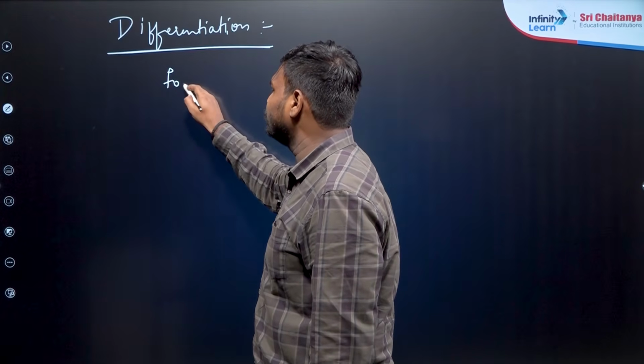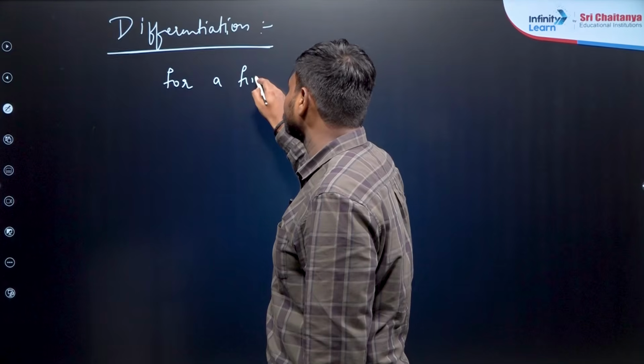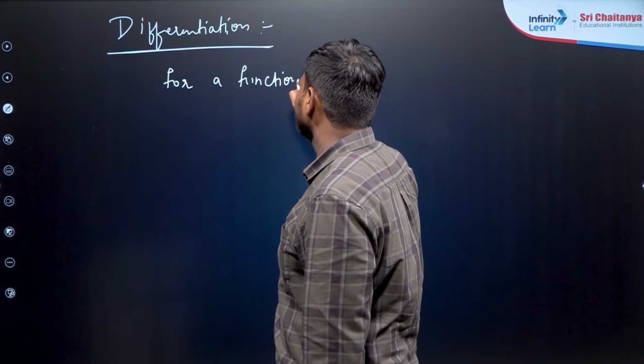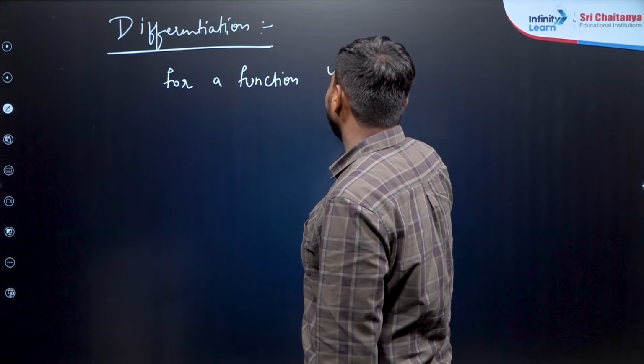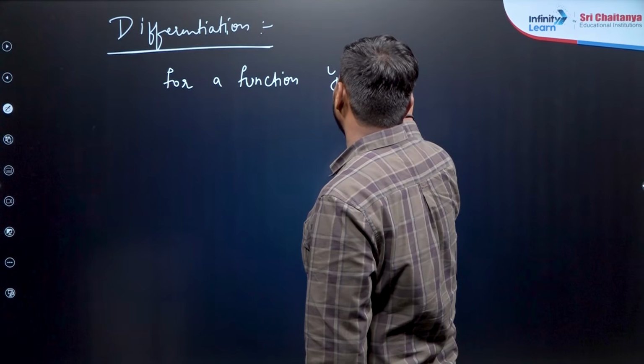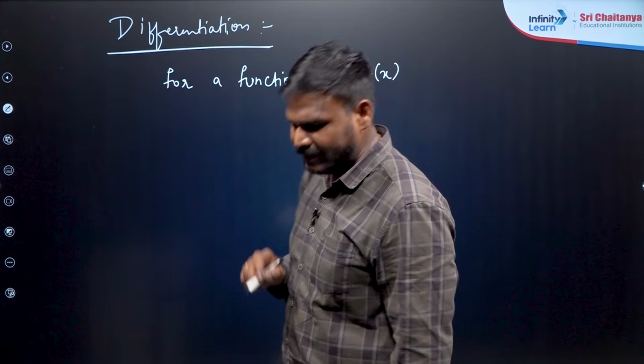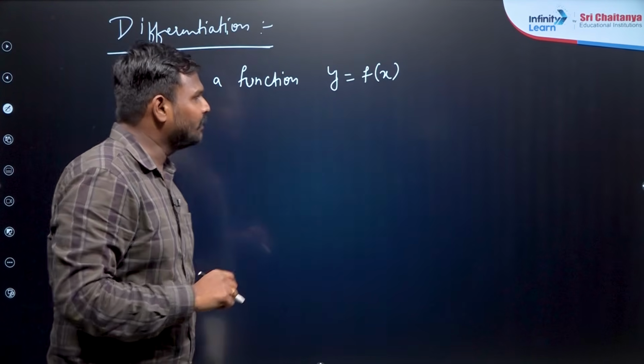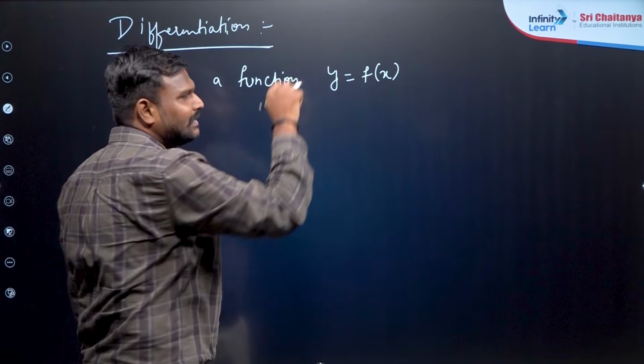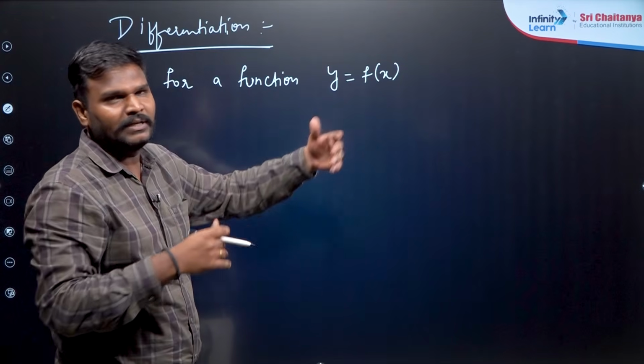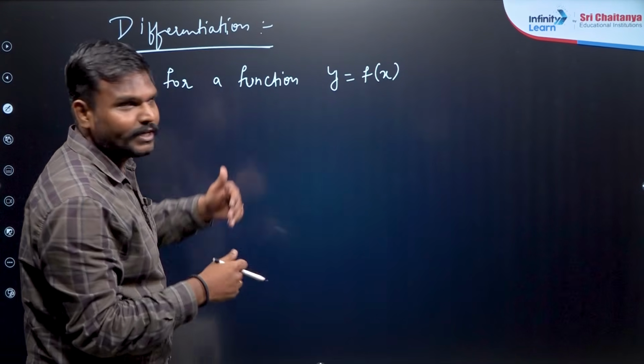For a function y is equal to f of x, y is the dependent variable, x is the independent variable. The RHS variable is independent, the LHS variable is dependent.